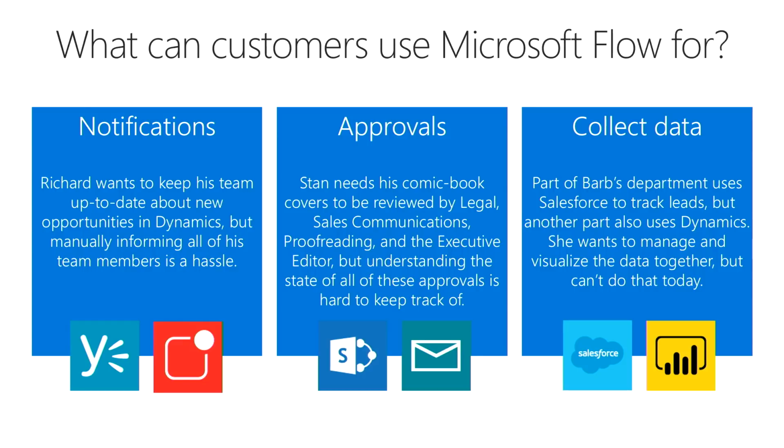Say, I need to know when somebody posts something in Yammer that I need to respond to. Well, how do I do that? I could write a Microsoft Flow that could watch for that Yammer action and send me an email or an alert.